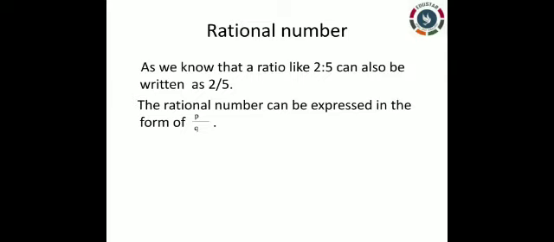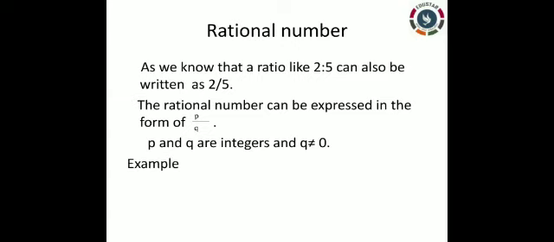Rational numbers can be expressed in the form of p by q, where p is the numerator and q is the denominator. p and q are integers and q is not equal to 0.